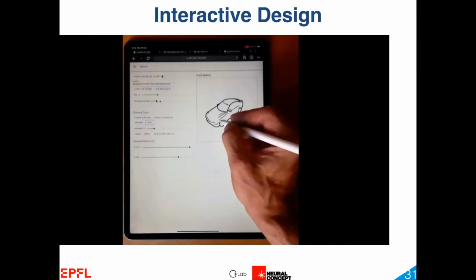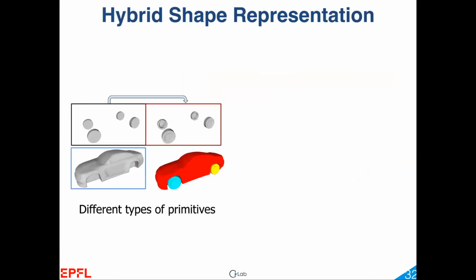Okay. So what I've shown so far are not really cars. They are outside shells. But a real car is more complicated than that. Typically, you want a CAD model where you have the body of the car, and then the wheels, and then the rear view mirrors and everything else.